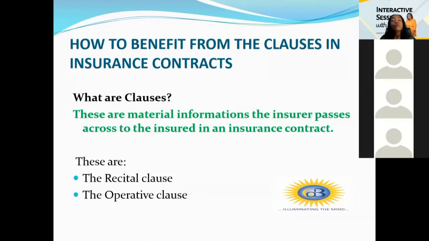We also said that the principle of utmost good faith is a duty of disclosure, and it's not only the insured that has the duty to disclose, the insurer also has a responsibility to disclose material information. So this evening, we want to look at how the insurer discloses their own material information to the insured.